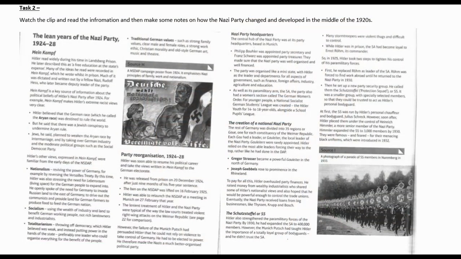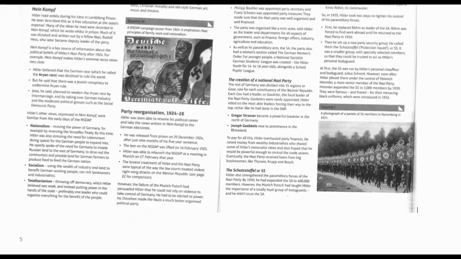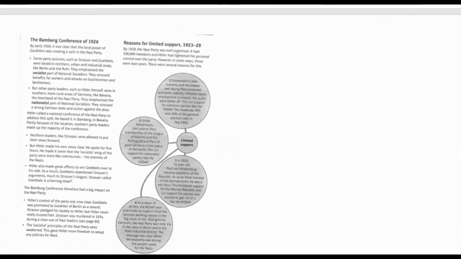Okay, let's move on to task 2 then. So you've just watched that little clip about the Nazi Party in the mid-1920s. Now you're going to read this information and make some notes on how the Nazi Party changed and developed in the middle of the 1920s. So you can see on page 5 of the notes booklet that you've got some information here, and you've also got some information on page 6.